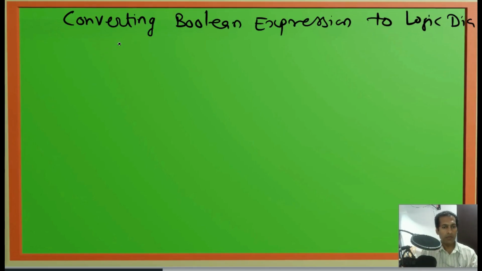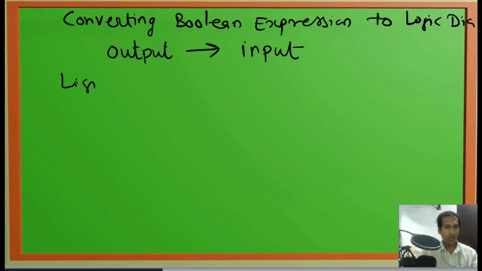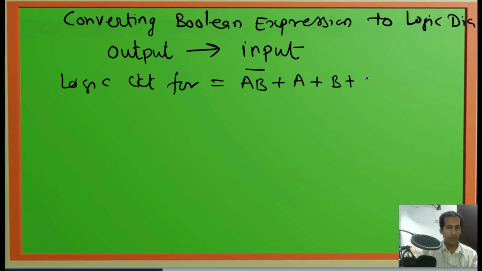So we will start from the output and then move towards the input. Now let us take one example. Say we want to draw the logic circuit for the given expression AB bar plus A plus B plus C whole bar.